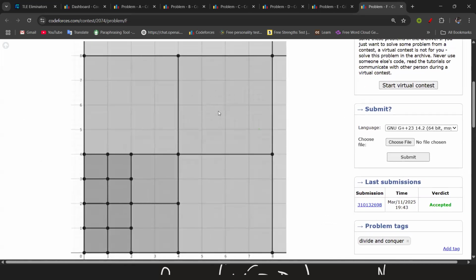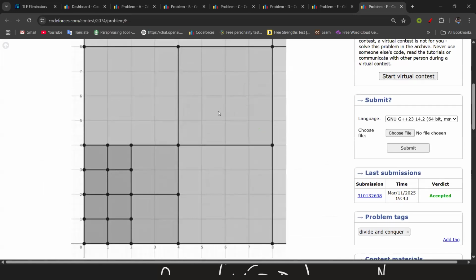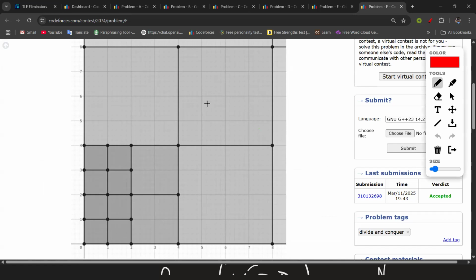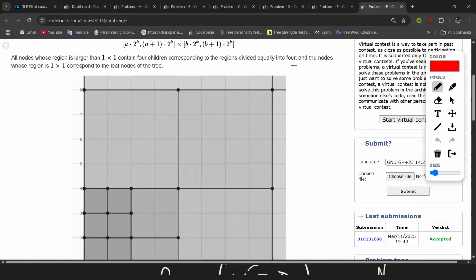You can consider this problem like this: you have a coordinate axis like this, and just forget about the tree, the quad tree and all.